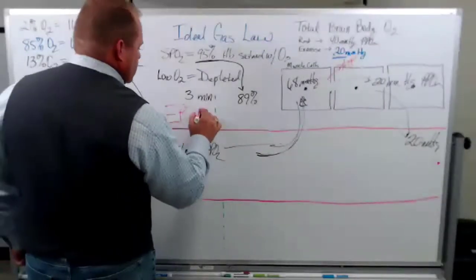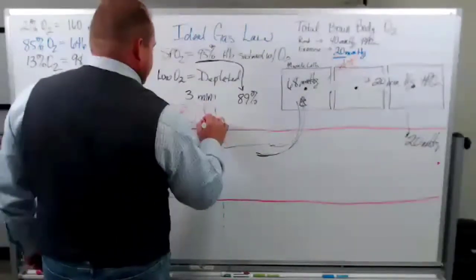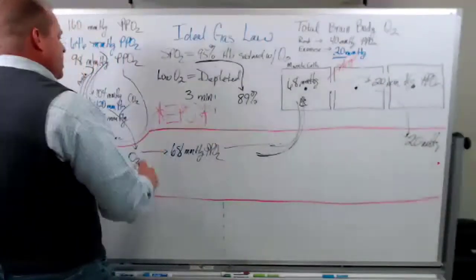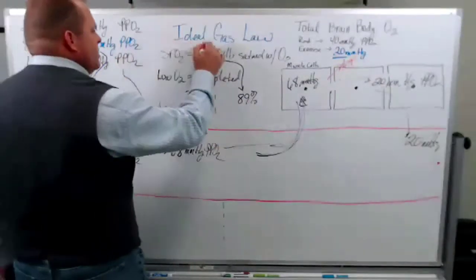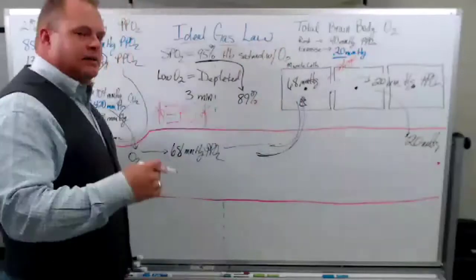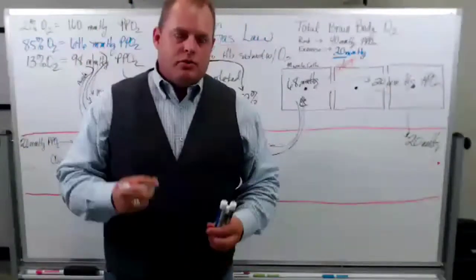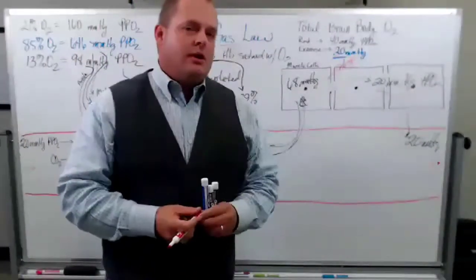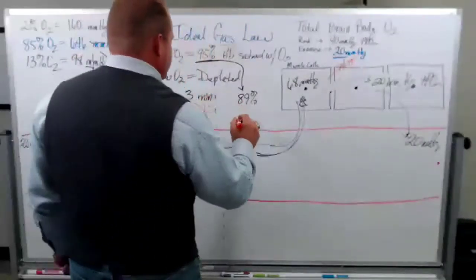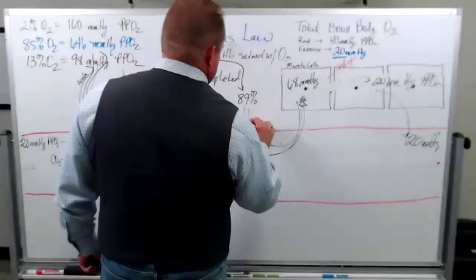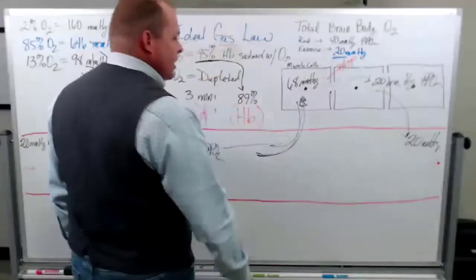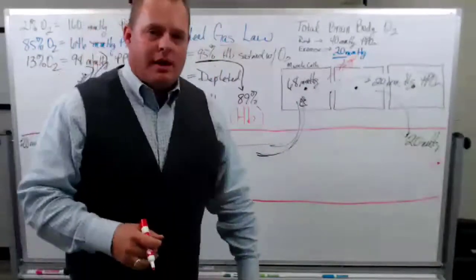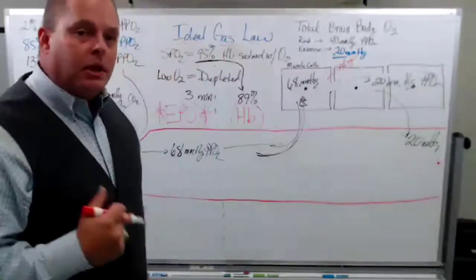EPO, erythropoietin, is a very, very important factor. As I'm talking about this, the ideal gas law is not the deciding factor on how much oxygen you can carry. Hemoglobin is the deciding factor: how much hemoglobin you have in your system, which is directly related to how many red blood cells.